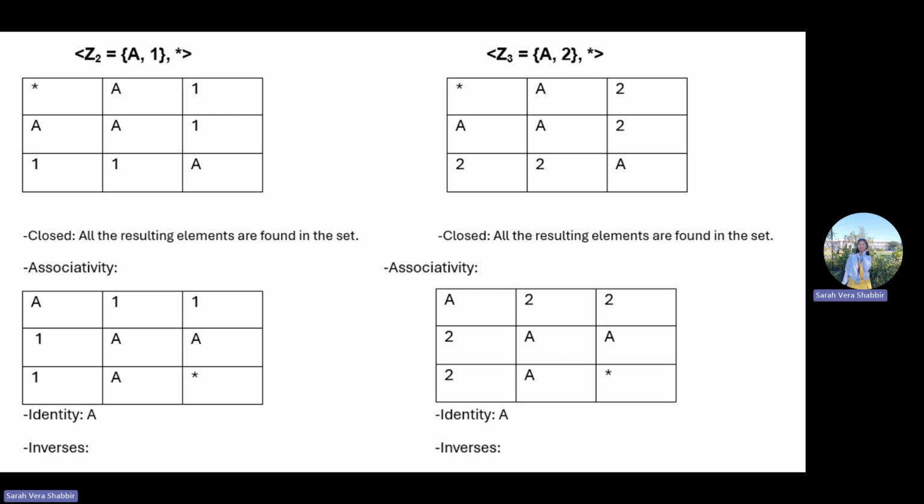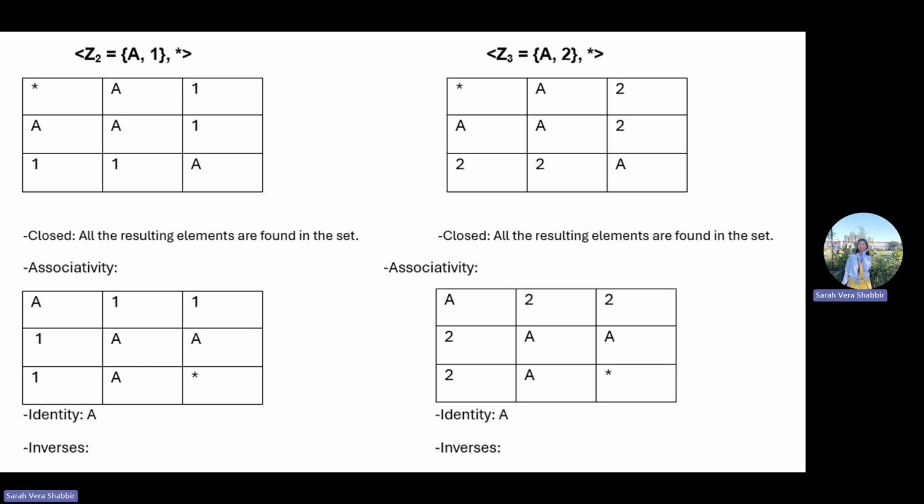Now, let's look at the other subgroups that we have obtained. We have here Z sub 2, which is A and 1. As you can see here, this is the original table and all the resulting elements are found in the set.